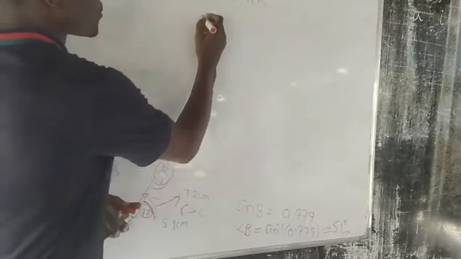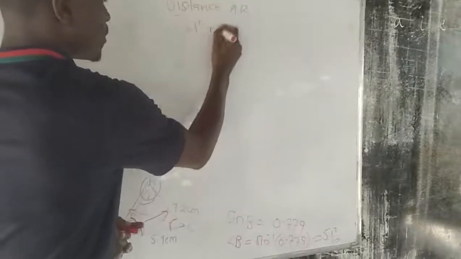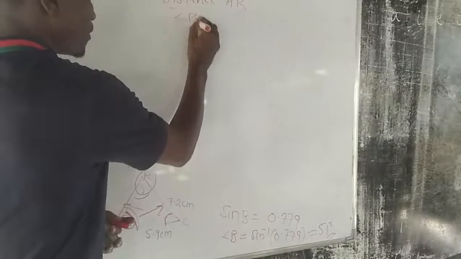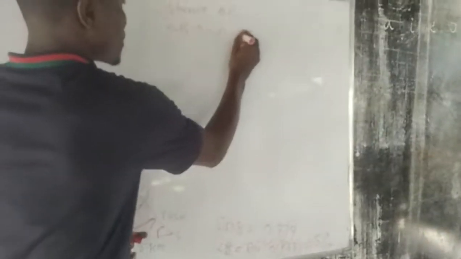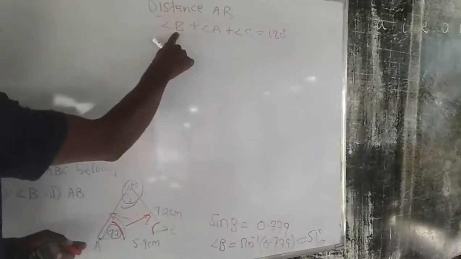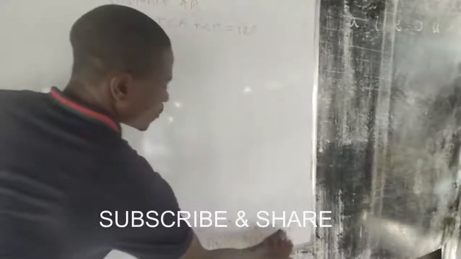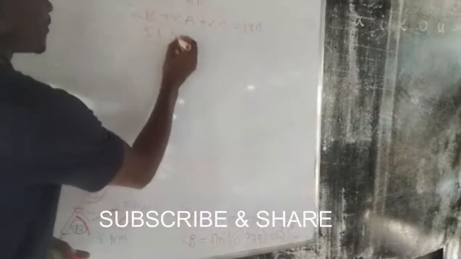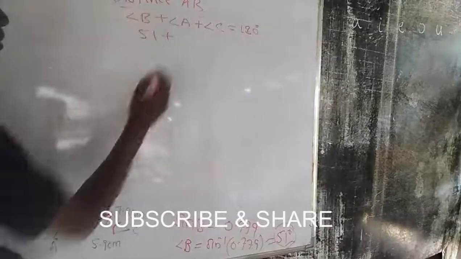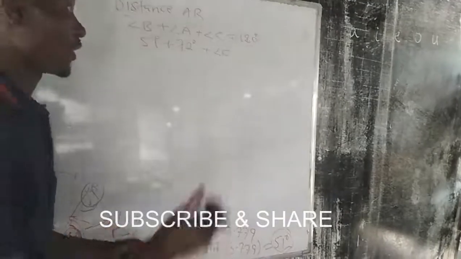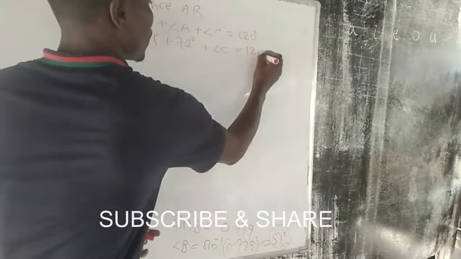So 51 degrees plus angle B plus angle A plus angle C equals 180. So we know that angle B is equal to 51. So you put 51 plus angle A is 72 plus angle C. Angle C is now what I'm looking for, okay? Equals 180.